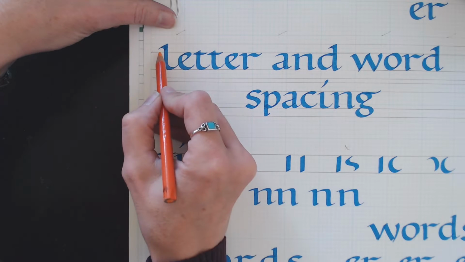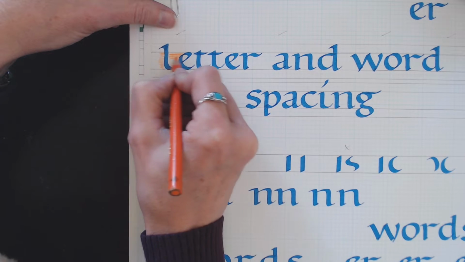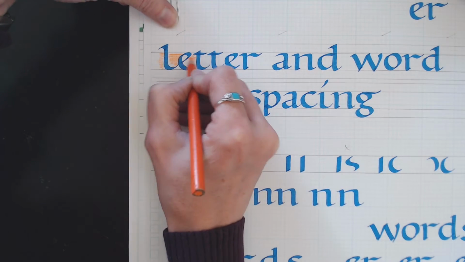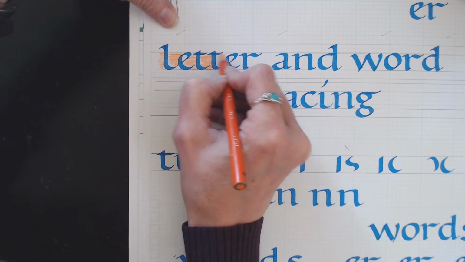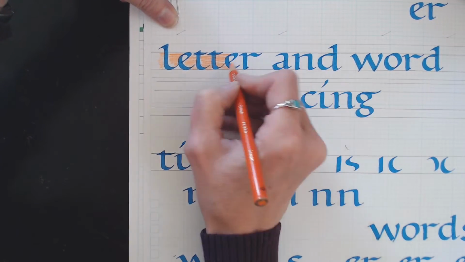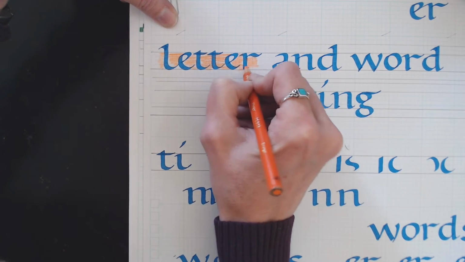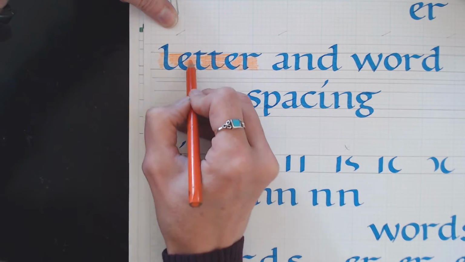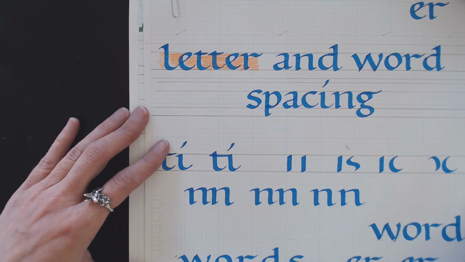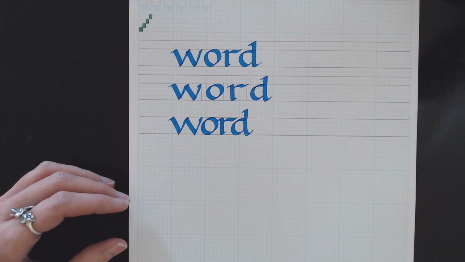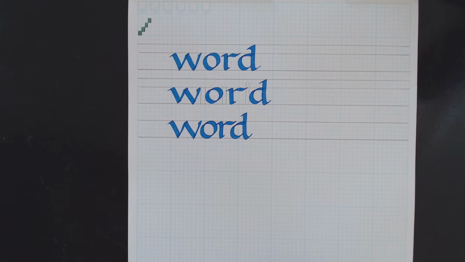So if we color in the spaces around the letters that's in between them, we want them to be pretty similar in area or in volume. Even though there are a lot of different shapes here, we're still getting about equal shapes. Now, to illustrate the difference, here we have the word "word" written 3 different times.